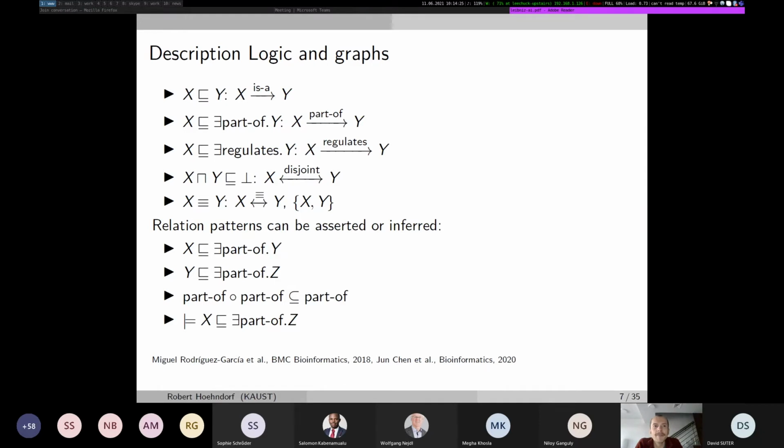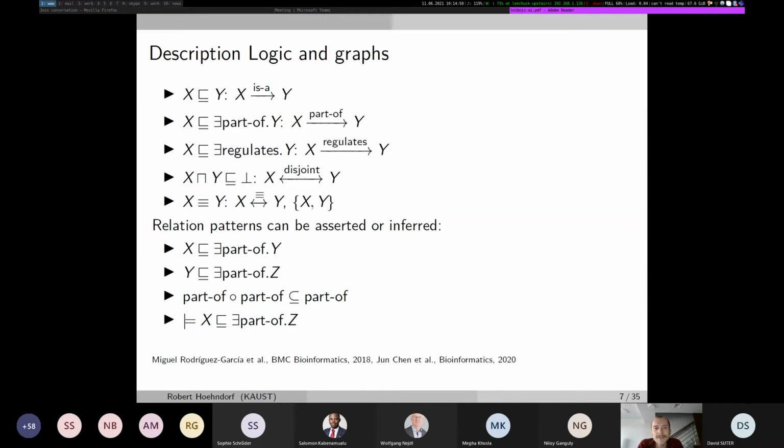So there are some parts of ontologies which are very easy to convert into a graph, and it's very common. So subclass relations, we simply create a directed edge between x and y, x is a y. We can take some existential restrictions which also give rise naturally to a graph-based representation, such as this constraint that x is a subclass of part of some y.